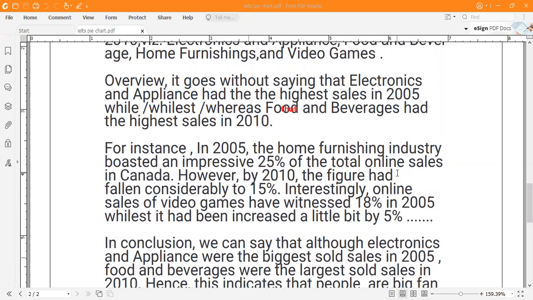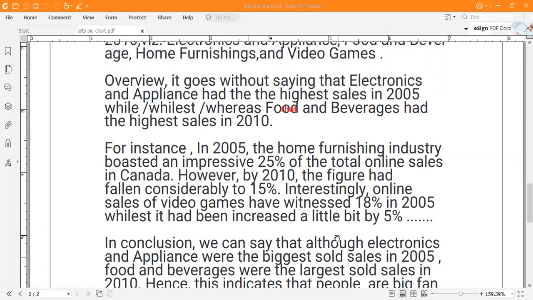You can say boasted an impressive 25% of the total online sales in Canada. However, by 2010 this figure اللي هو الهوم furnishing had fallen considerably، سقط بشكل ملحوظ to 15%. إذا احنا أخذنا من الآن اللي هو الهوم furnishing.